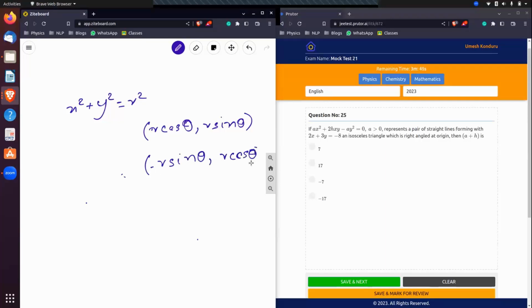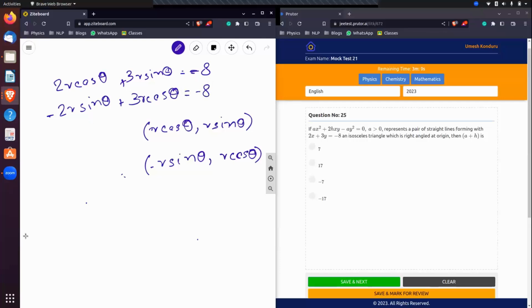So both these points should satisfy this line. See that 2r cos theta plus 3r sin theta minus 8, and you also get minus 2r sin theta plus 3r cos theta minus 8.